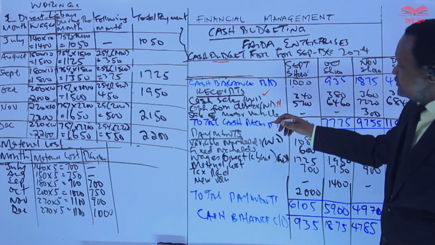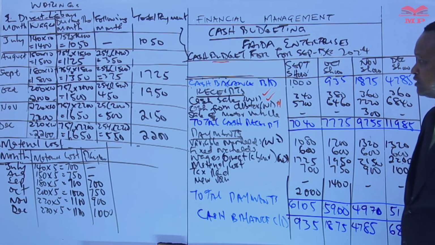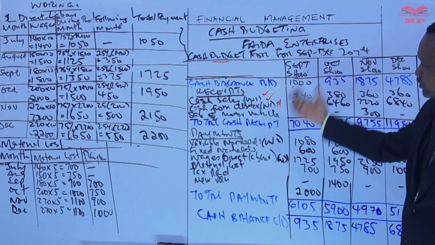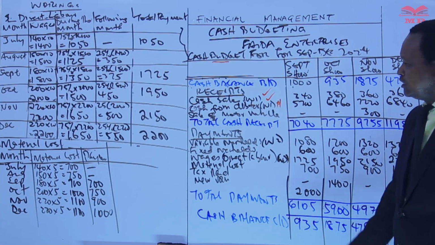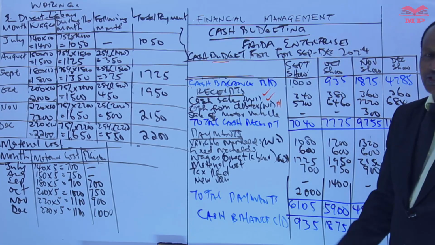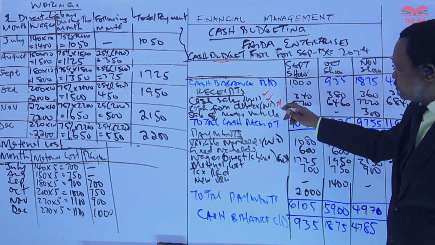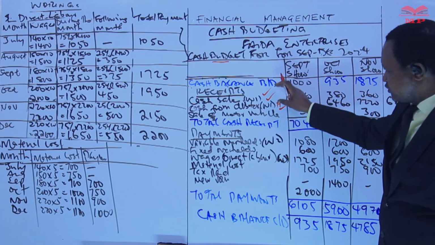Then you will also have money received from debtors. Then you check from the question if there is any other cash receipt. It's just English language. You are told that there is a motor vehicle that will be sold. When you sell a motor vehicle, you receive money. So instead of writing, you just have a structure.